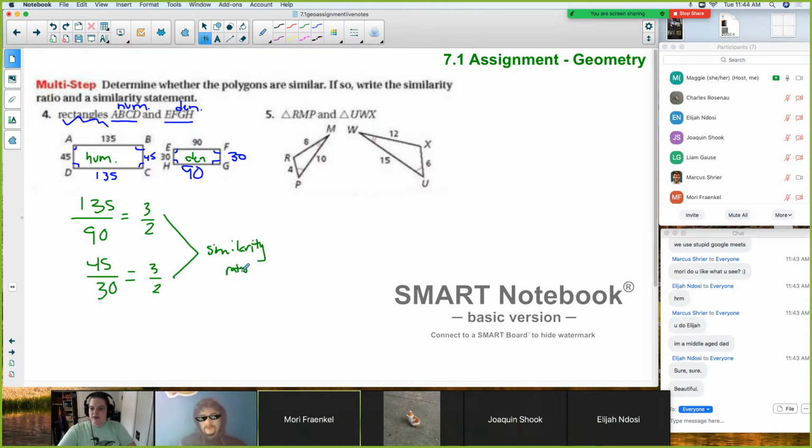And then your similarity statement is going to be identifying the letters that match up. So for instance, AD is a side length of 45, and that should be in relation to EH, because that's going to form our similarity ratio. So don't do AD and then EF in the same order of the letters, because then you're going to have a ratio that doesn't work. So looks like we could probably just do alphabetical order, right?